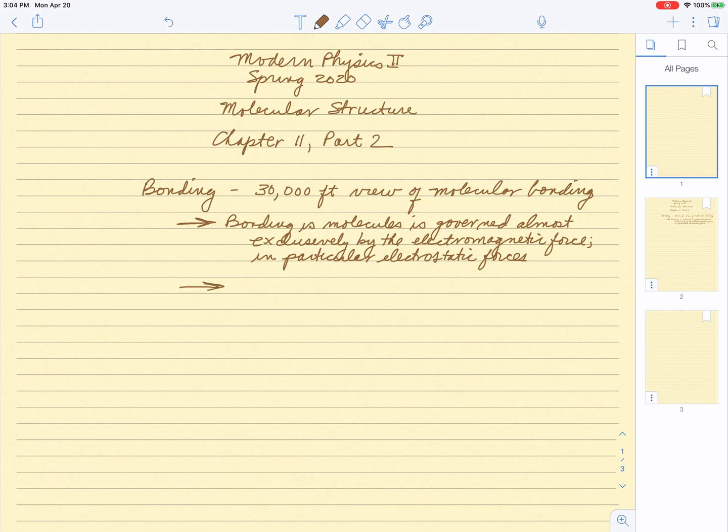So the total energy of bound molecules. And again, a molecule is the formation of two or more atoms through chemical bonding.